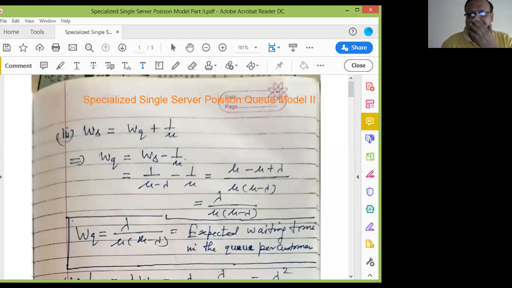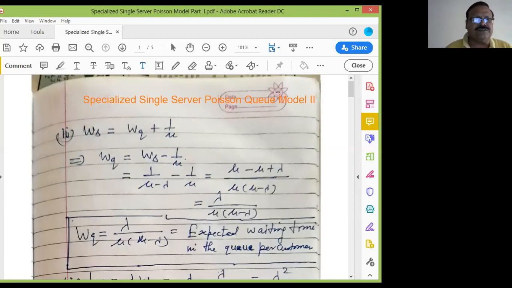Okay, welcome to this lecture. Today I am going to discuss the performance measures, whatever we had discussed ahead of it. Now, if you remember, we have discussed two important performance measures of the queuing model.